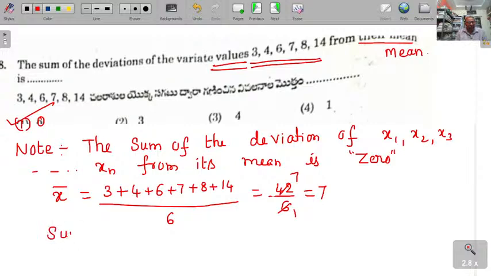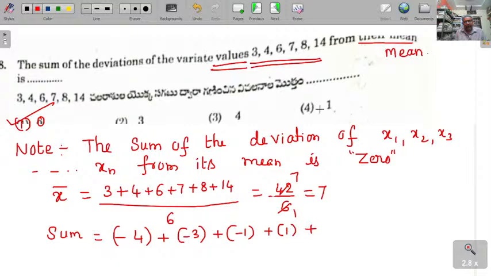So we need the sum of the deviations. 3 minus 7 is minus 4, plus 4 minus 7 is minus 3, plus 6 minus 7 is minus 1, 8 minus 7 is 1, 14 minus 7 is 7. See, my dear students, minus 4 minus 3 is minus 7, plus 7 cancels. Minus 1 plus 1 cancels. 0.